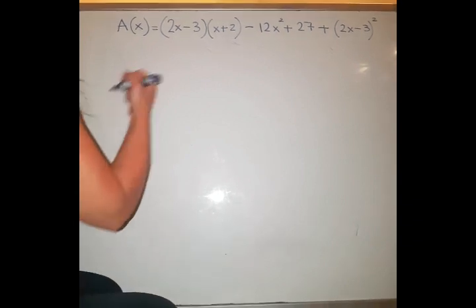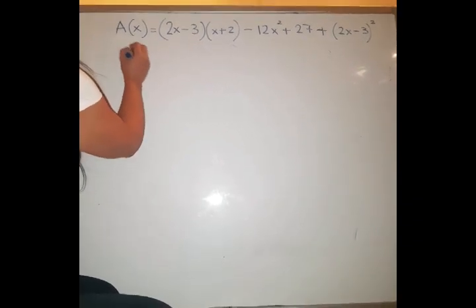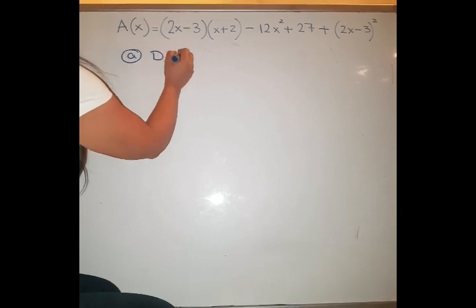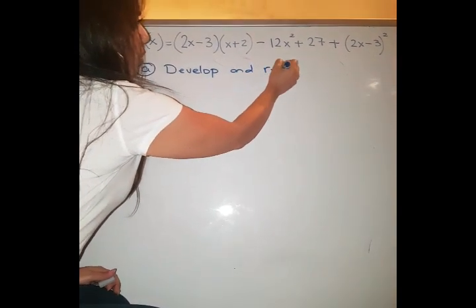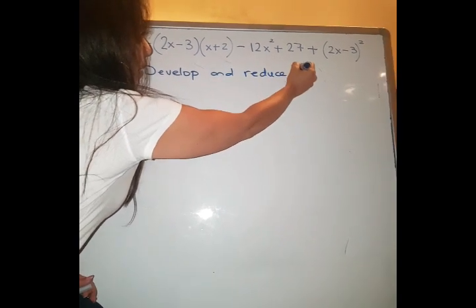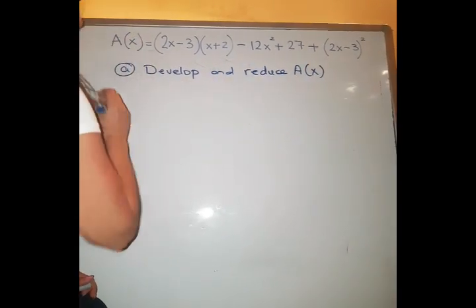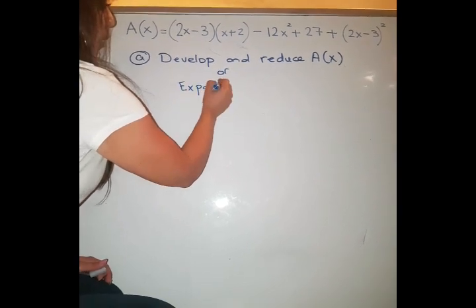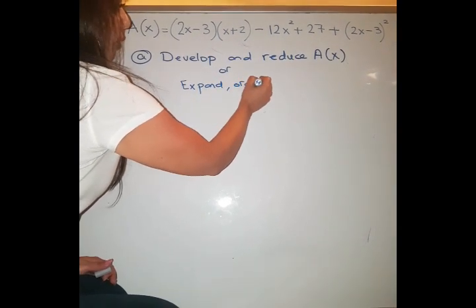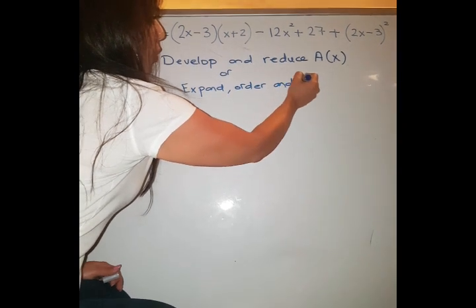So the first question says, part A, develop and reduce A of x, or it could be expand, order, and reduce.